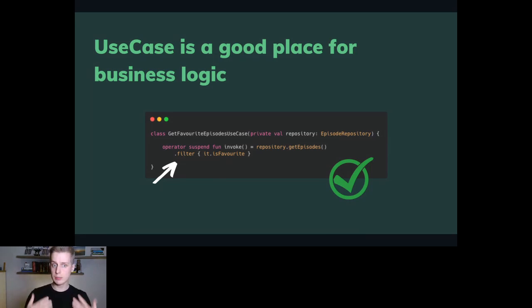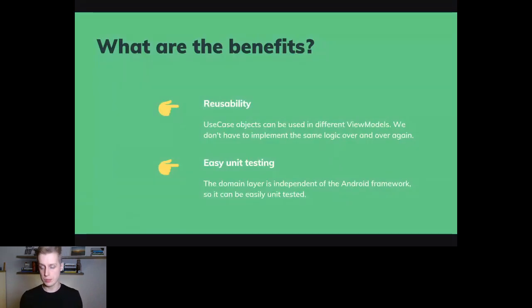And what are the benefits of this approach? First of all, we can reuse our use case. We can use the same use case in different view models. We can easily share that use case logic across our application. But what is even more crucial here is that we can write unit tests for our business logic.